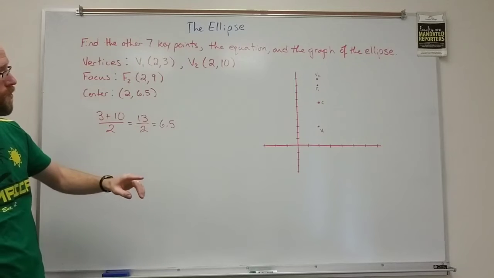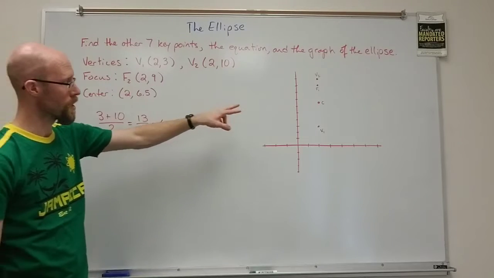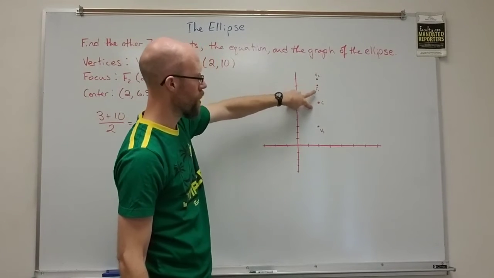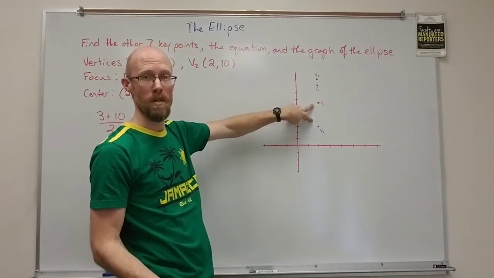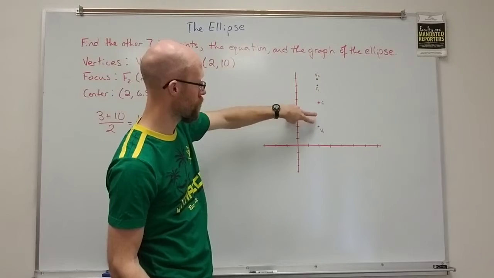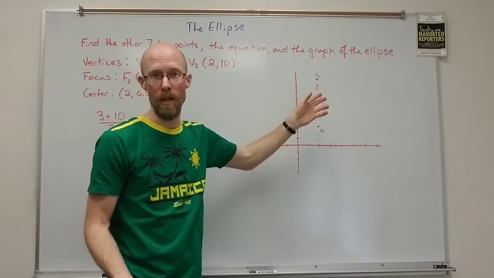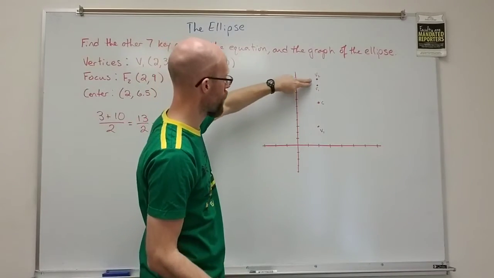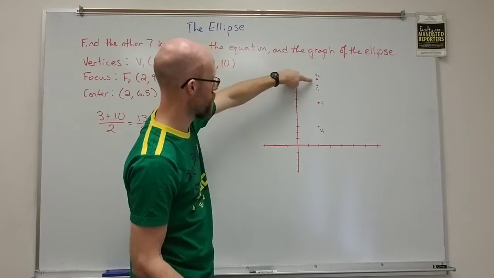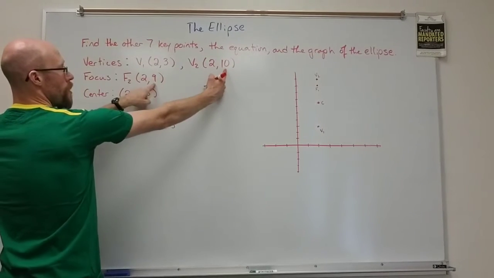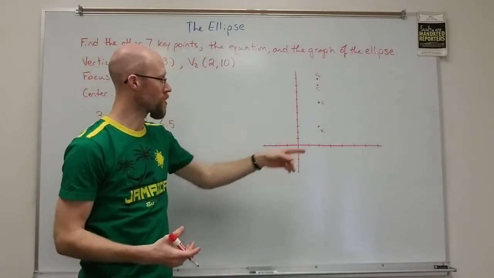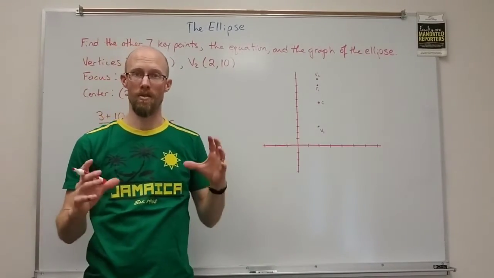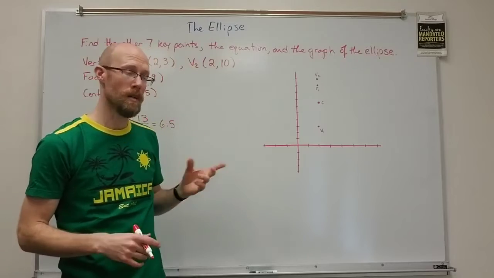All right. Now the other focus. Well, let's first find our distance now from the center to the focus, and then I can just subtract it and find it the other way. What's interesting is it's going to be symmetrical with the vertex too. So I can do this 2 different ways, and maybe I'll do it the simpler way. I know that the vertex and the focus here are only 1 unit apart, right? One's at 9 and one's at 10, and so that's got to be the same for the other vertex. There's symmetry to these ellipses.